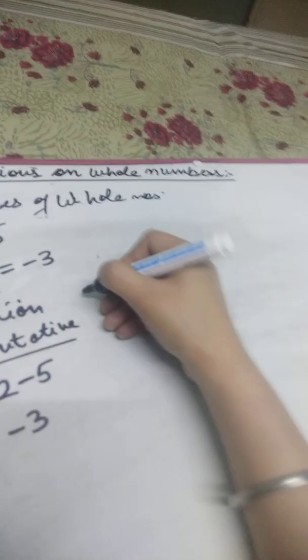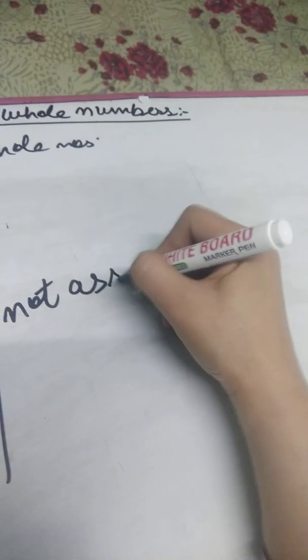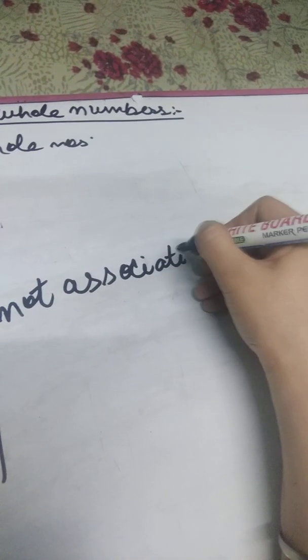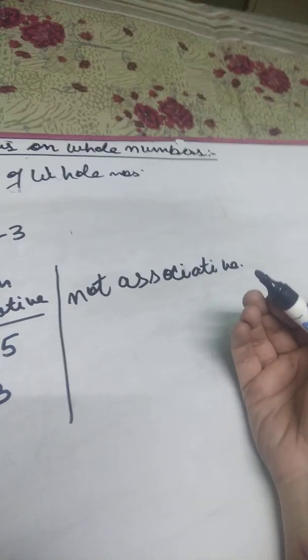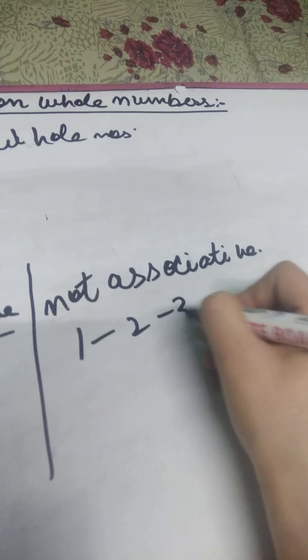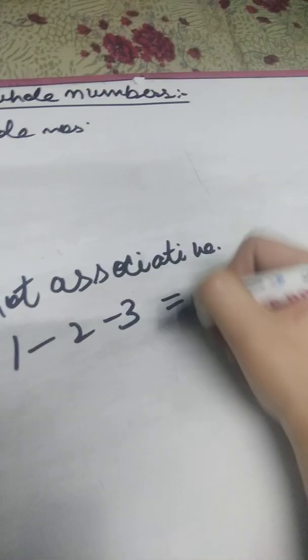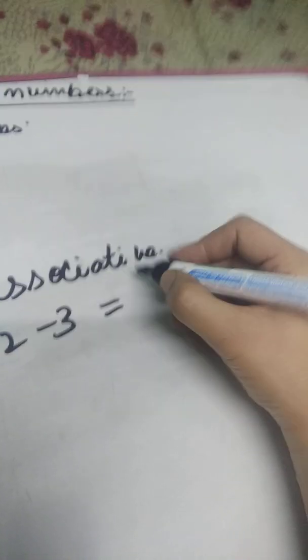Next we have that subtraction is not associative also. I can take a simple example here. I take (1 minus 2) minus 3, and I'm putting equal to, actually it will not be equal to, 1 minus (2 minus 3). We will do it first.